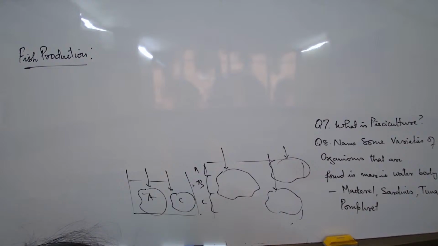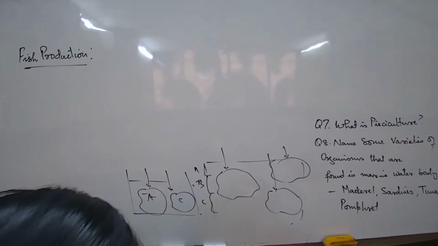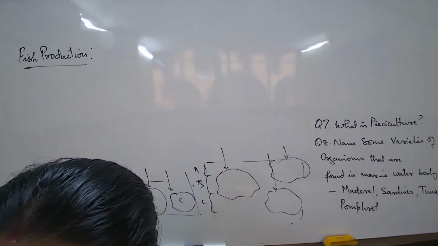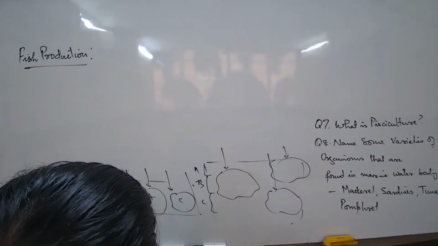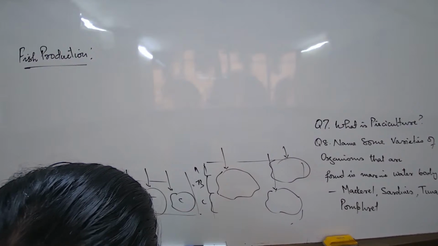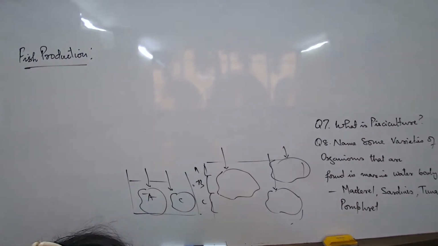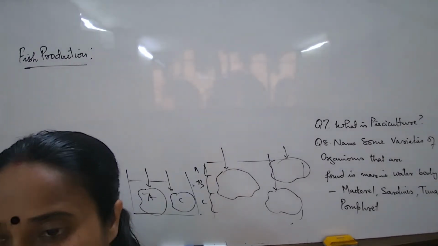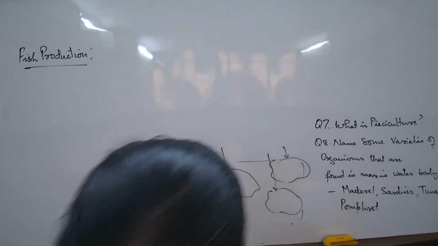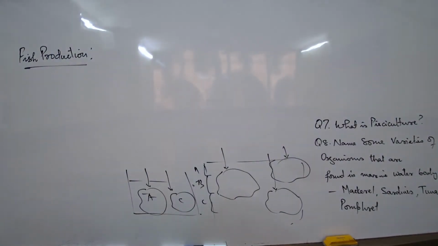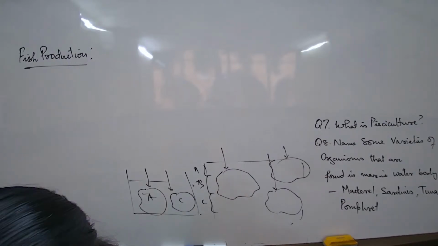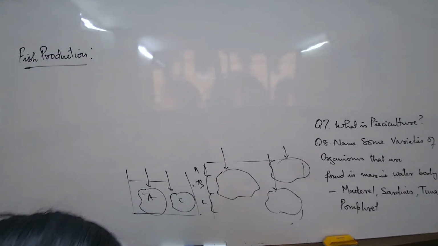Comma. Fishes like cod, C-O-D, cod. Fishes like cod are cultivated for oil.